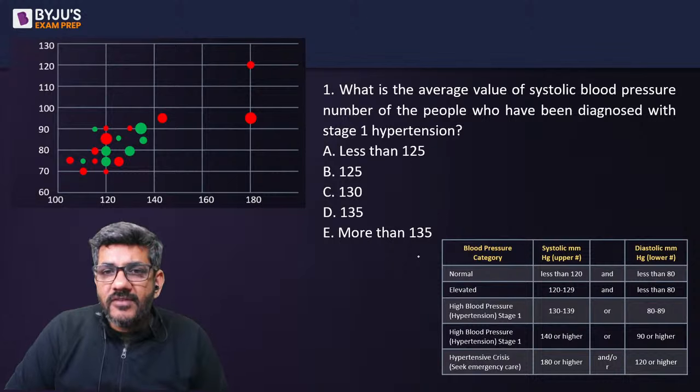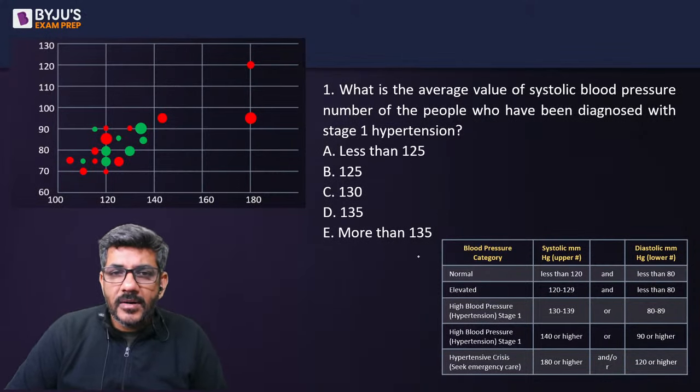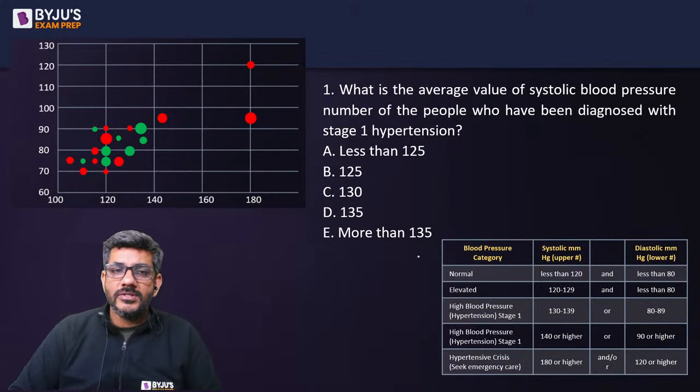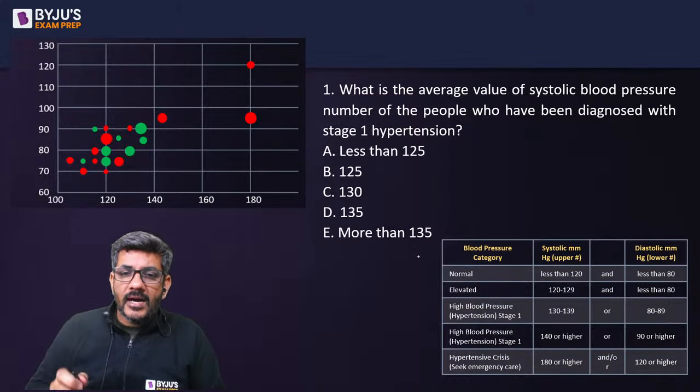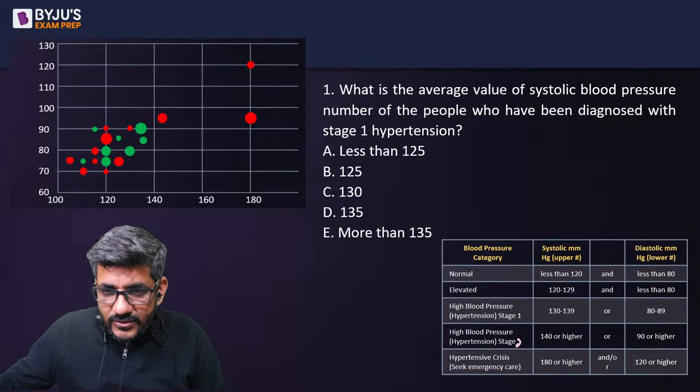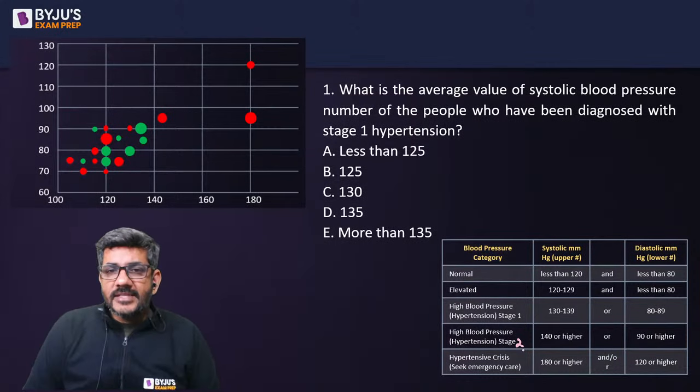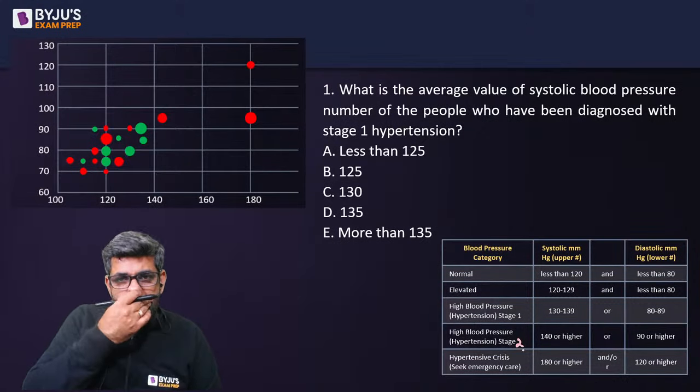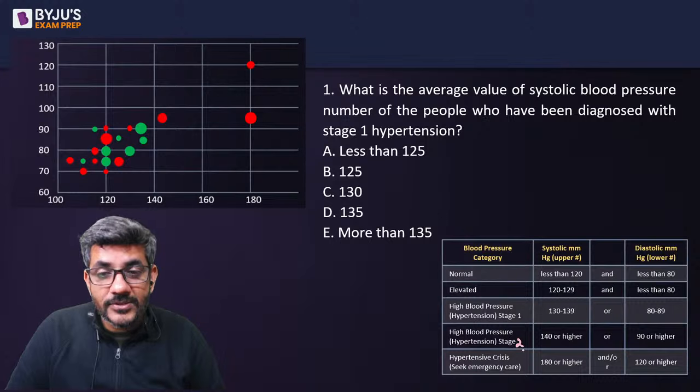What is the average value of systolic blood pressure of the people who have been diagnosed with stage 1 hypertension? Please take it as stage 2. Stage 1 hypertension का average आपको बताना है of number of people who have been diagnosed with stage 1 hypertension. उनके systolic blood pressure का average बताना.